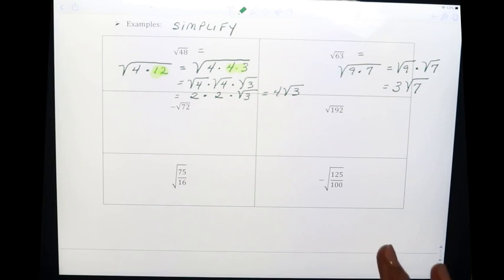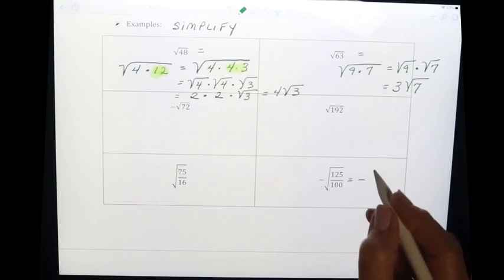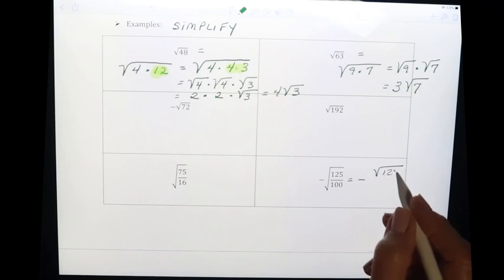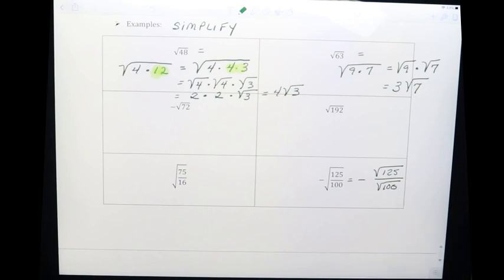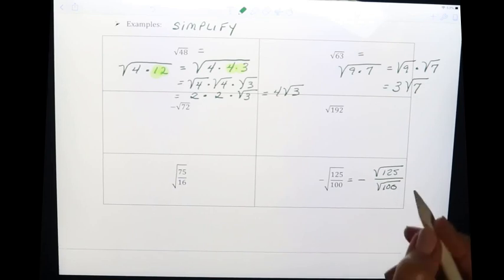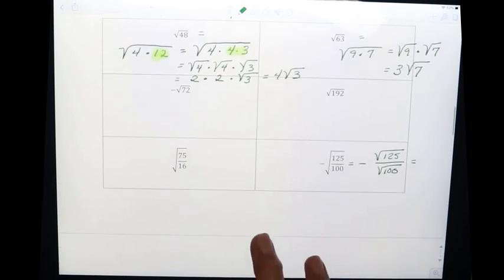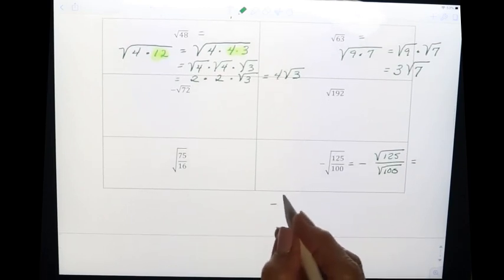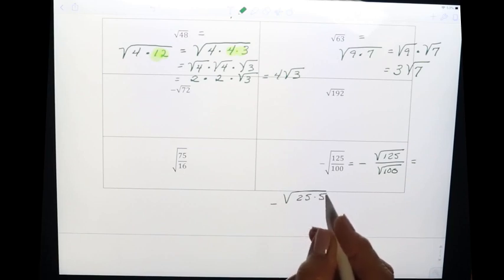And I only want to do one more of these. I'm going to do this one in the lower right corner. Notice there's a negative out in front, so this is the negative square root. I'm going to keep that negative out in front and split this up into 2 separate radicals, just like that rule told me I was allowed to do. And I'm going to take the 125 and split that up into 25 times 5.